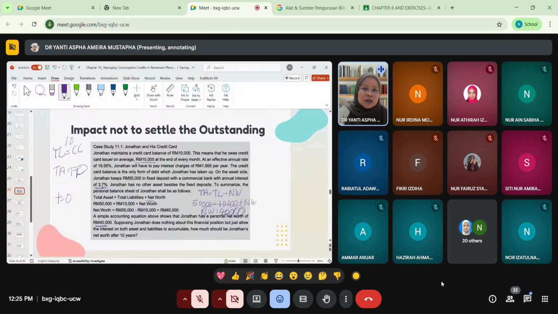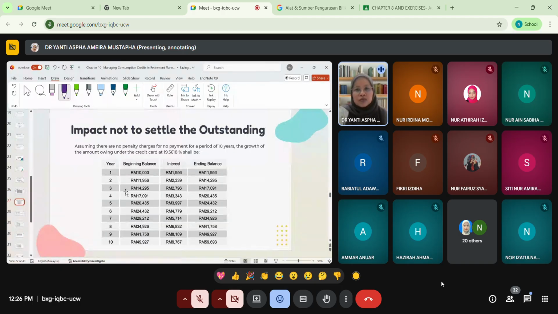The liability is 10,000 and the interest is 19.56%. And the FD is 50,000 with interest 3.7%. Notice? The loan has 19% interest, but the FD is growing at 3.7%. So from here you can tell his net worth will be smaller.